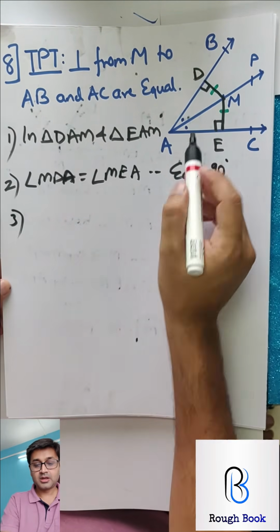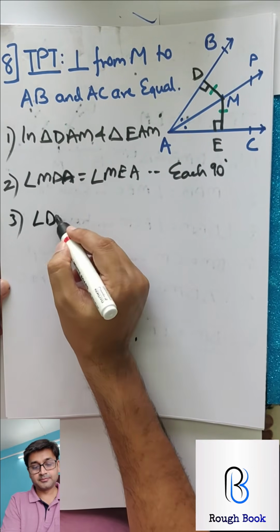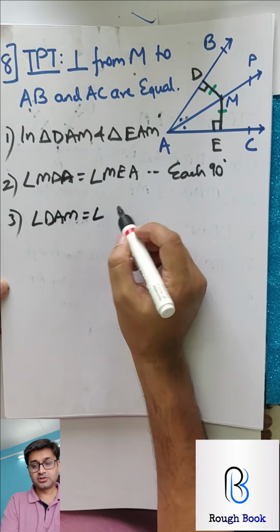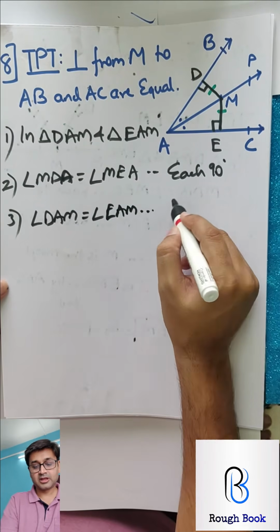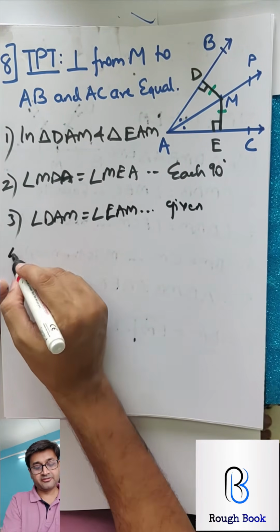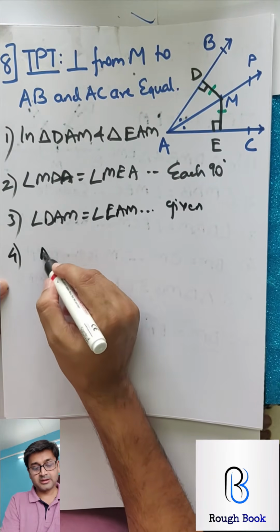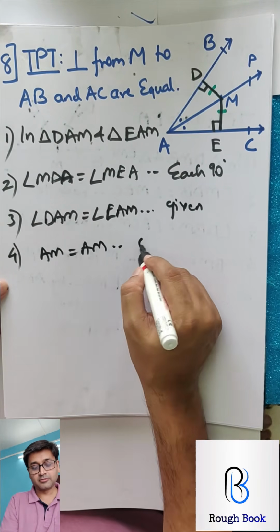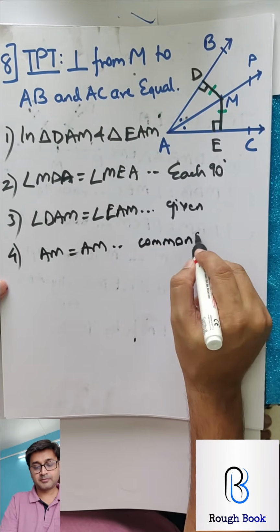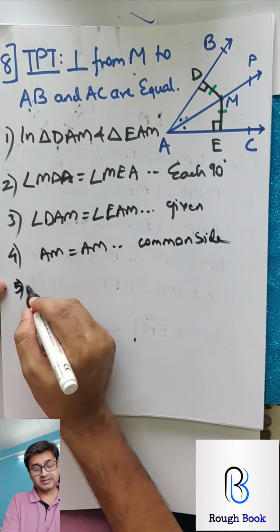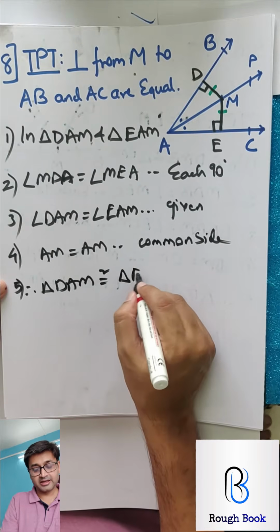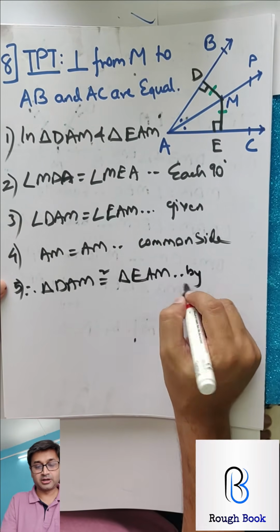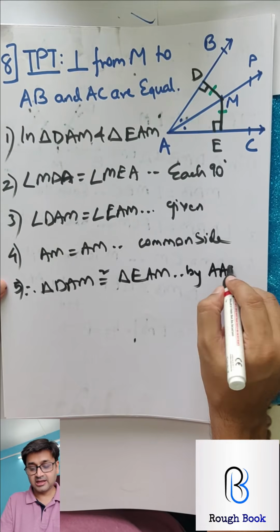Third one, angle DAM equals to EAM, given. And finally AM is equal to AM, common side, and therefore I can say that triangle DAM is congruent to triangle EAM by what test? AAS test.